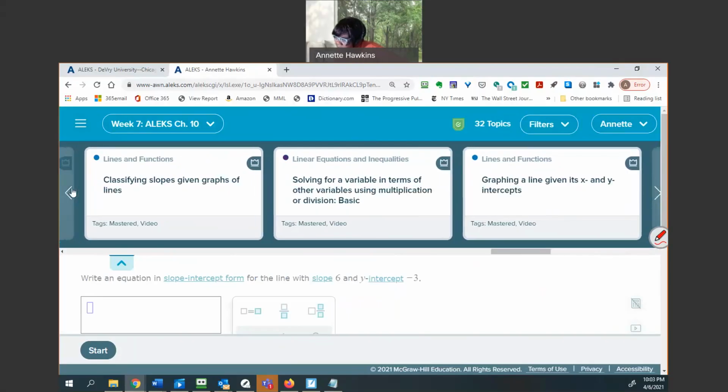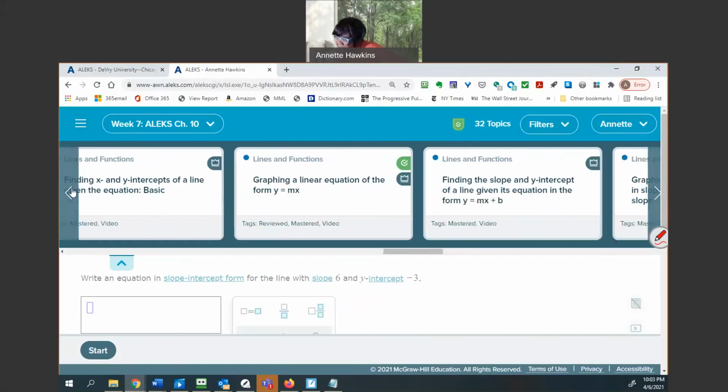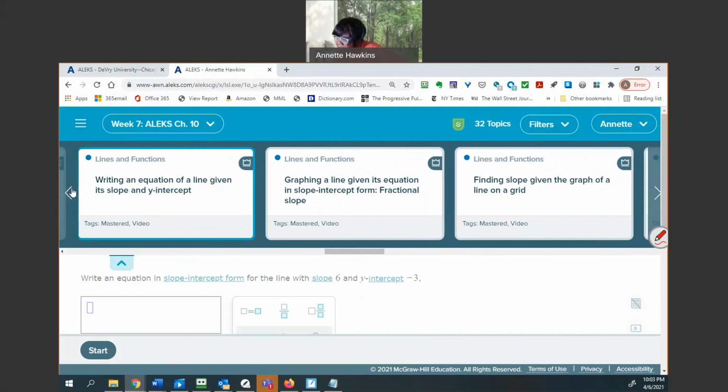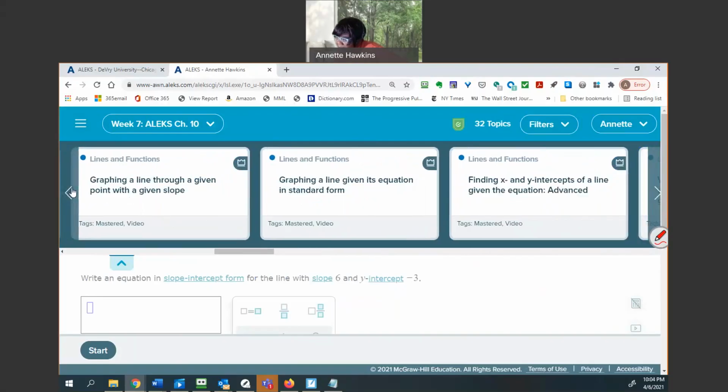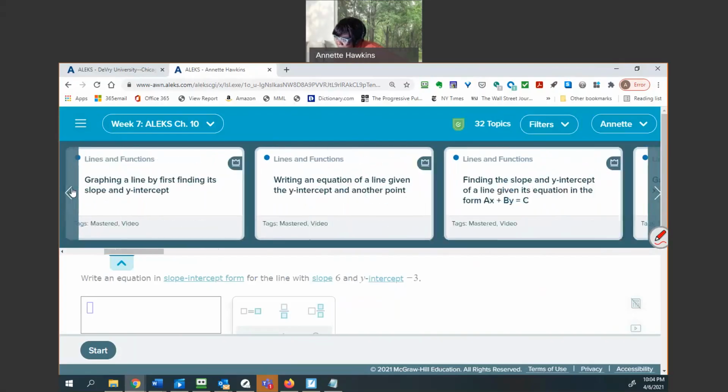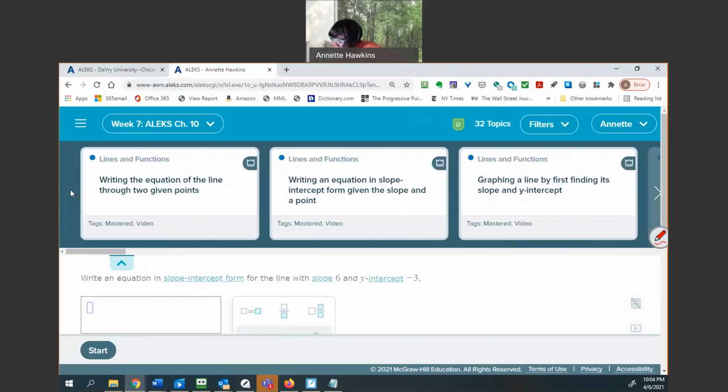I can't find that problem. It says write an equation of a line given the slope and a point. Oh, here it is right here.